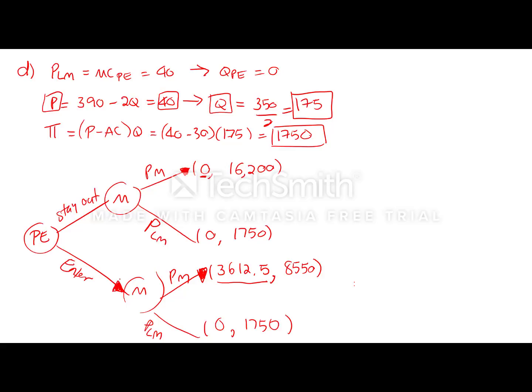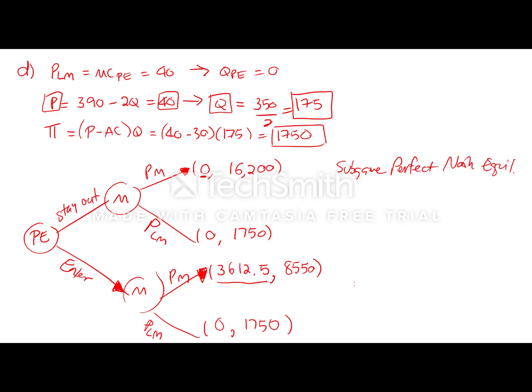Using subgame perfect Nash equilibrium, basically you solve for the solution of each subgame Nash equilibrium. We will have the situation where the potential entrant will enter and the monopolist will basically choose the monopoly price.